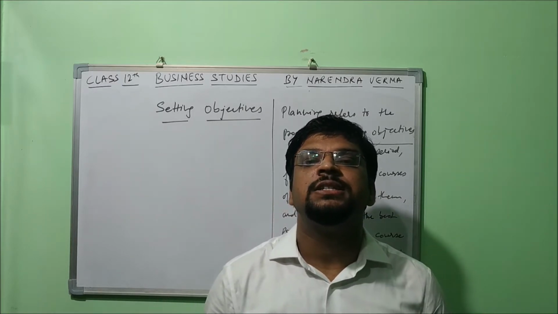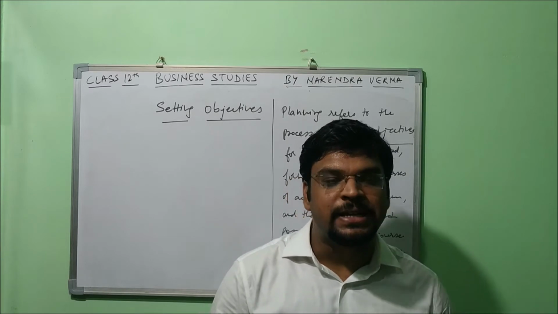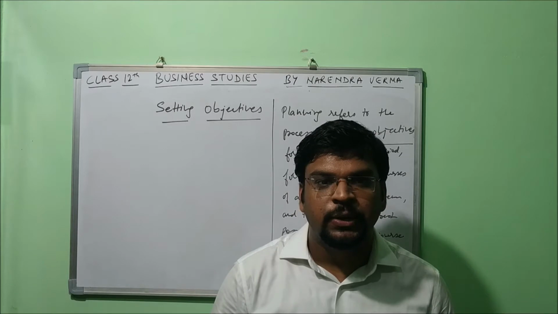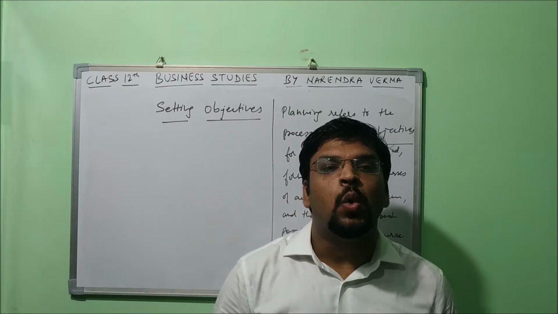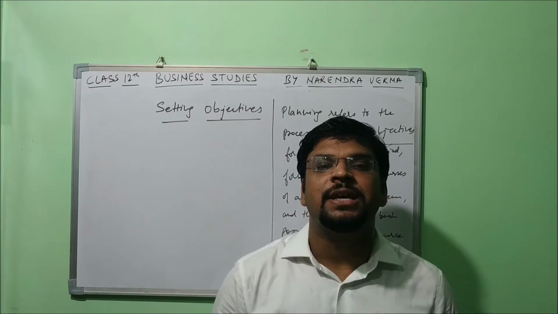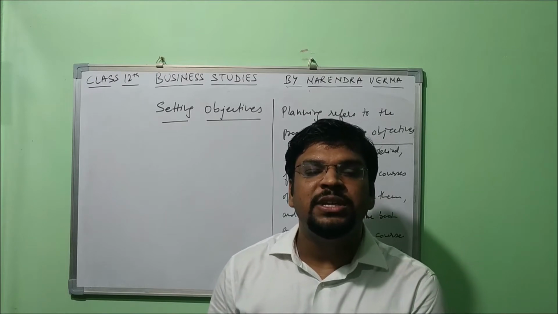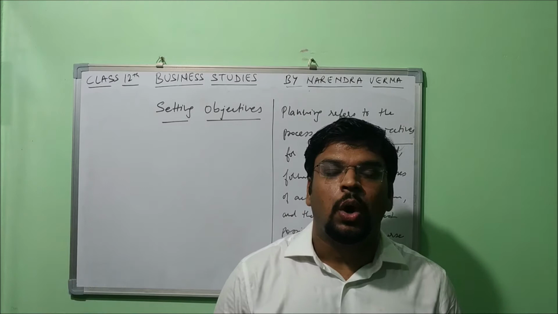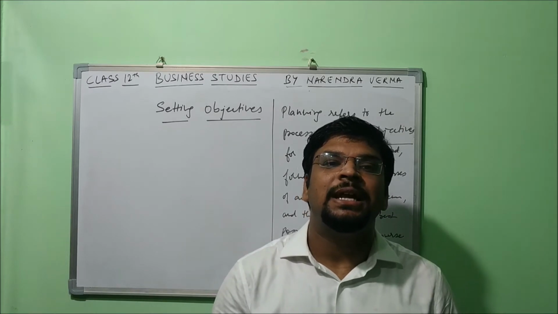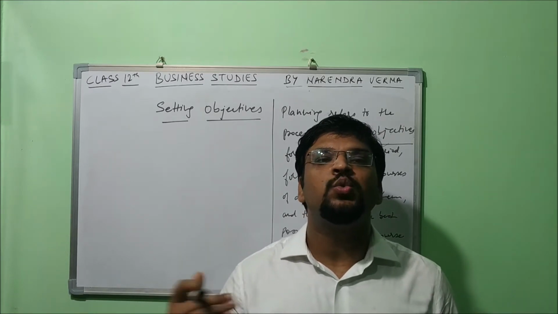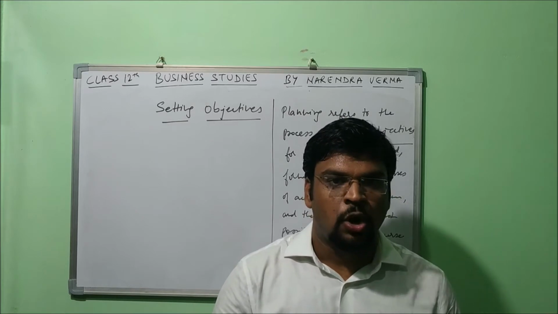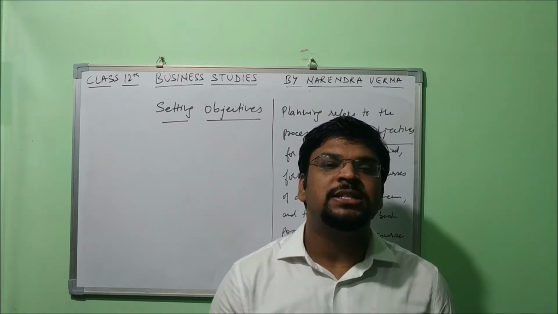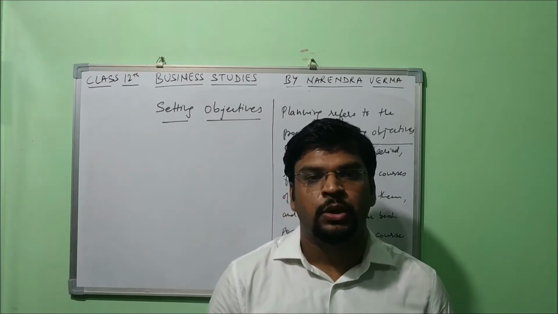Objectives, targets, goals are set and are communicated to them. When the goals or objectives are clearly communicated and stated to the individuals or to the departments, then it becomes easier to achieve those objectives. Objectives are nothing but the end result the organization wants to achieve, right?